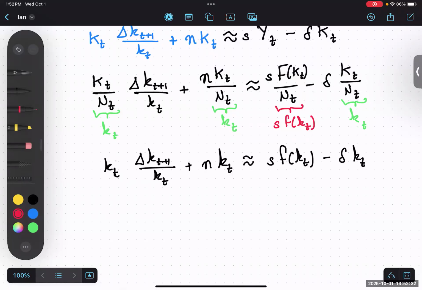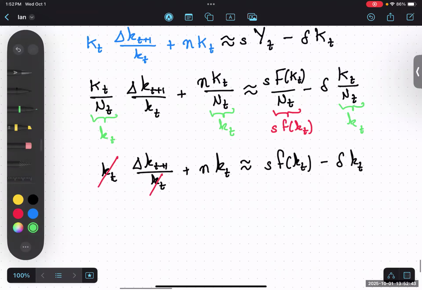So here is where things get easier, and that's because you can get rid of the capital per worker on the left-hand side of this approximation. And the other thing that you can do is to subtract capital per worker on both sides of this equality. Sorry, not equality, approximation.